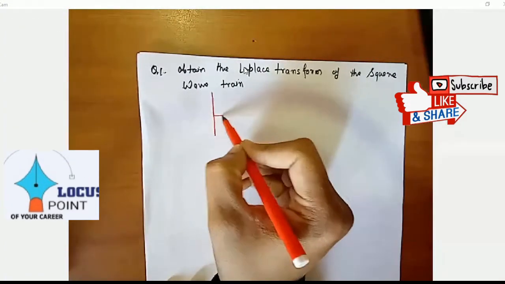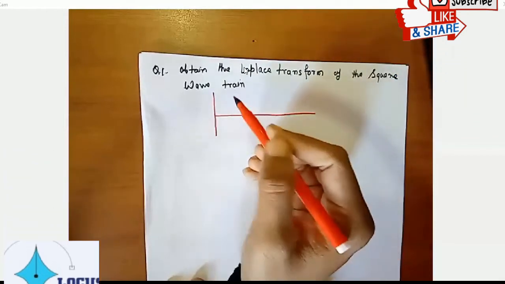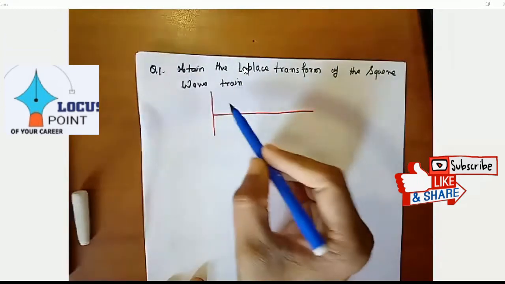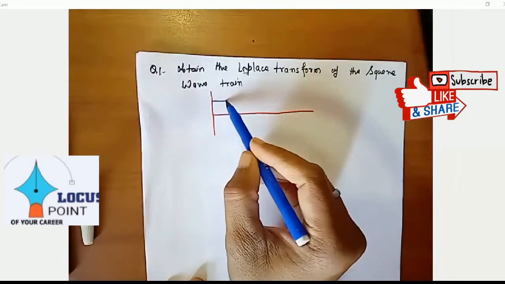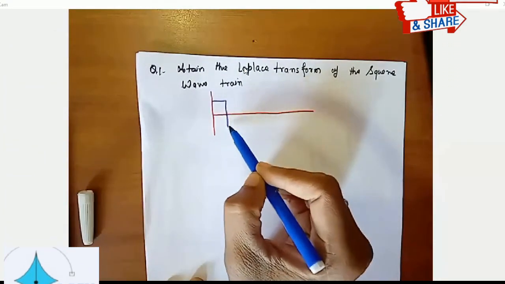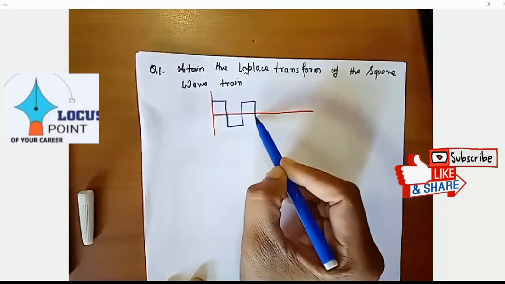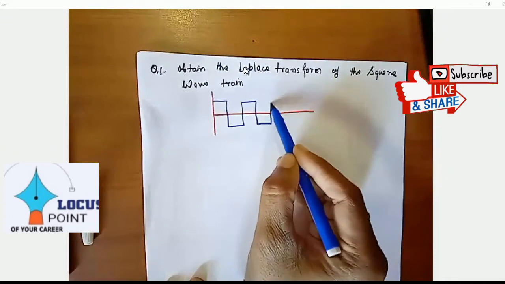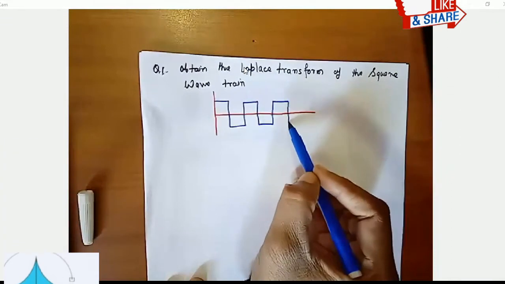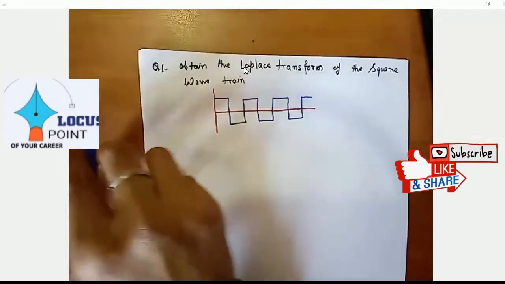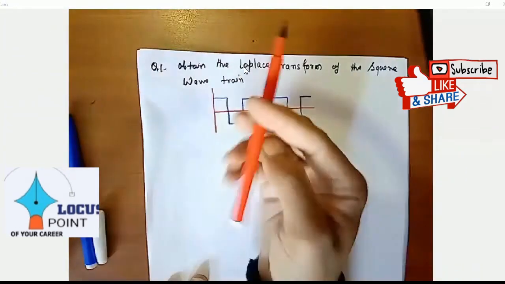The diagram is like this. This is your square wave.